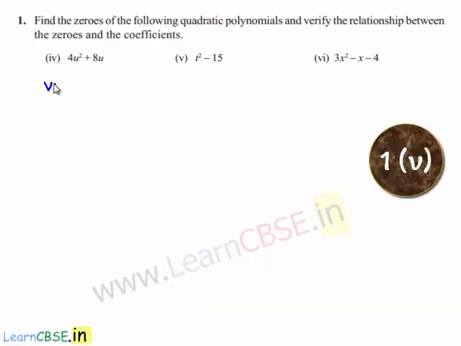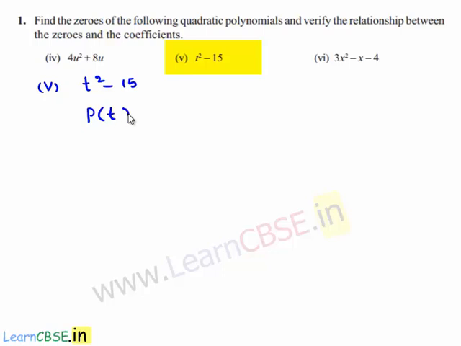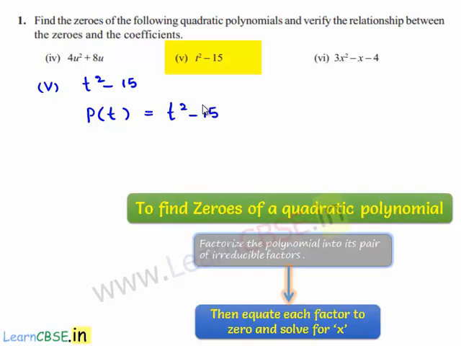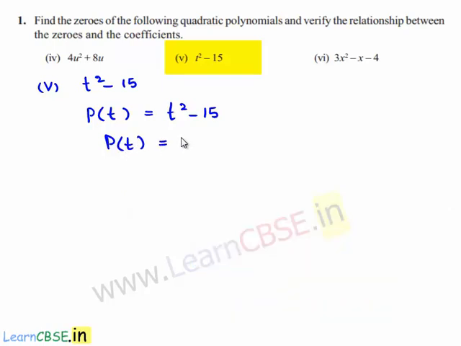Now coming to the fifth bit, which is t square minus 15. So the polynomial can be written as p of t is equal to t square minus 15. In order to find the zeros of the polynomial, let us equate the given polynomial p of t to 0.